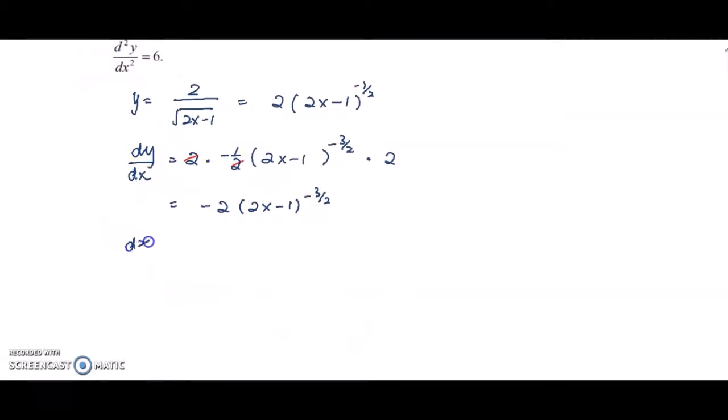To get your second derivative, that is d2y dx2, the coefficient just copy down. And how do you differentiate this 2x minus 1 power of negative 3 over 2? Again, I will treat this as a 2-layer function. Differentiate the first layer: I will bring down the negative 3 over 2 and provide a bracket to put in your 2x minus 1 later. Now you will decrease this power by 1.